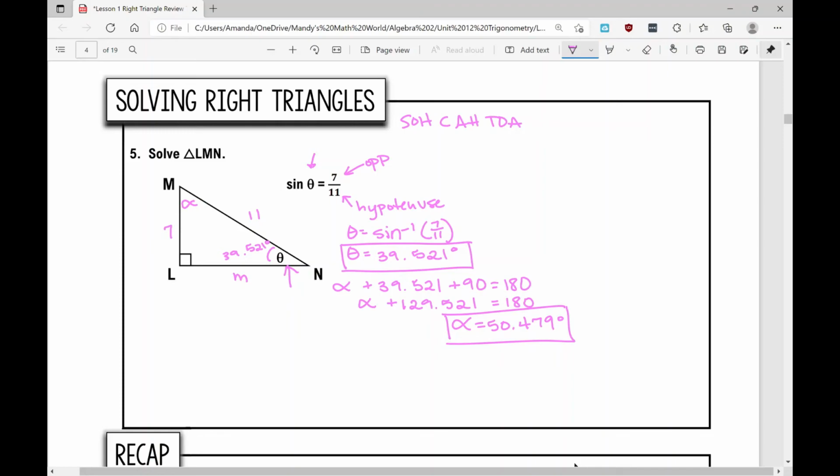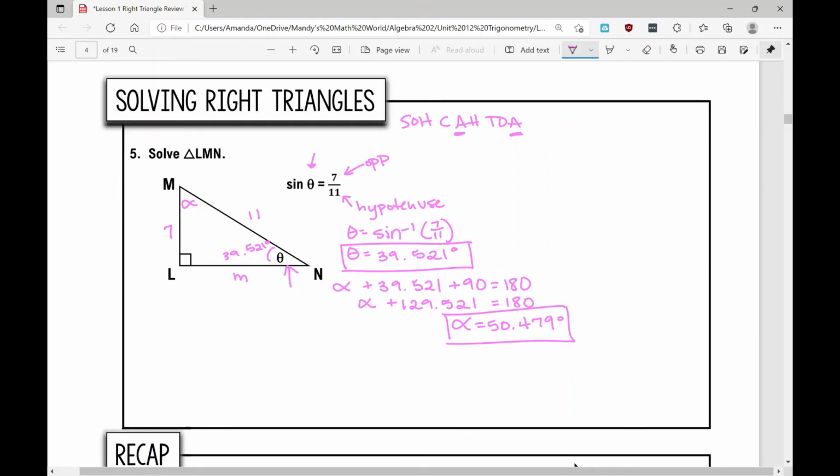So I know this angle measure now because I figured it out. And I'm going to use cosine because I'm choosing to, or the side that I'm missing is the side that's adjacent to that angle. So I know I need to use either the tangent or the cosine because they have that adjacent side included in their ratios.